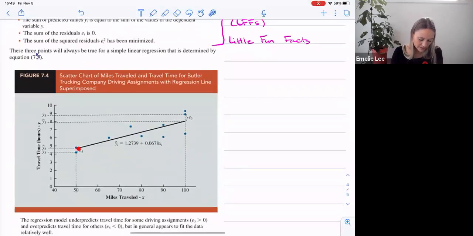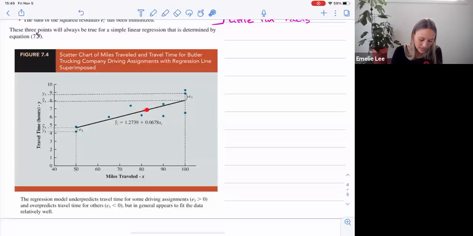So what we're going to see is that our line is doing a good job of modeling this overall trend, but we also see that if the line is representing the predicted values, then for all the values below the line, it over predicts how long it's going to take.